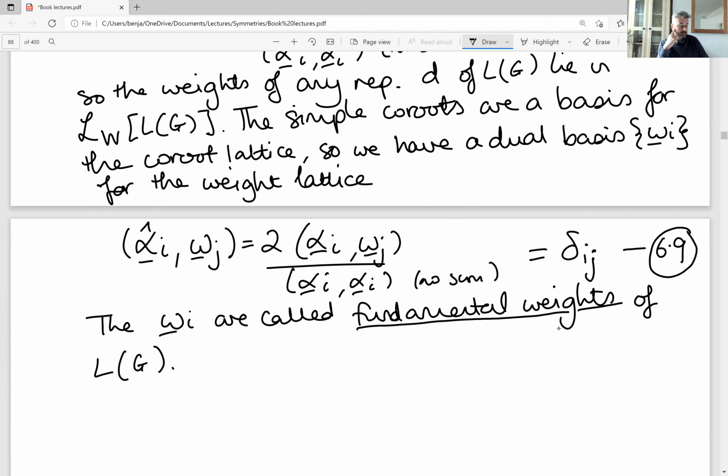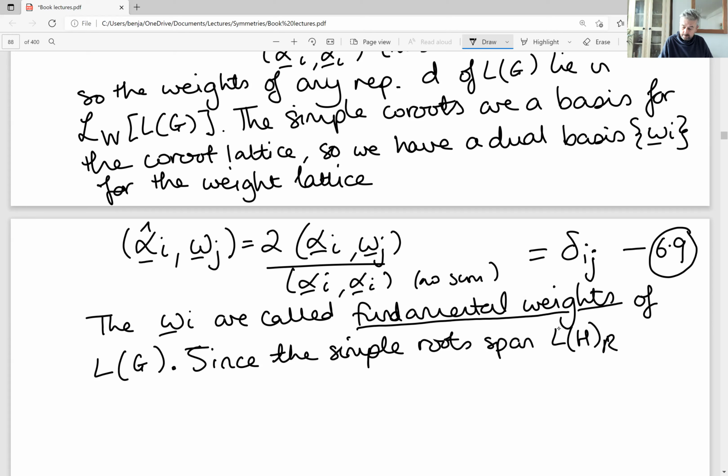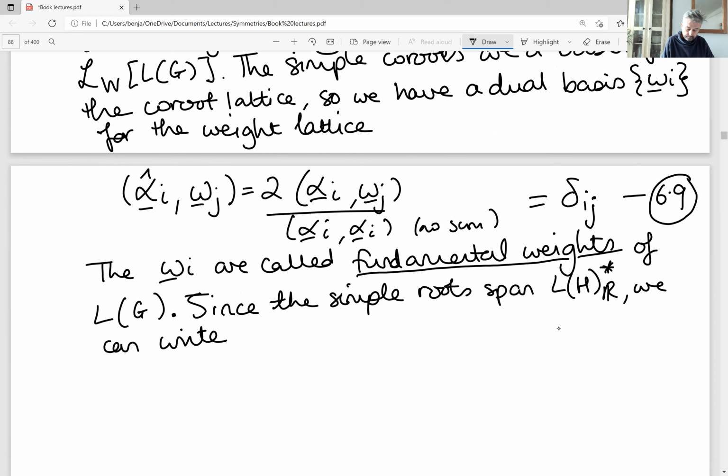So the simple roots, of course, span our dual space to the Cartan subalgebra. So then we can write that these w_i just must be some linear combination of the simple roots.